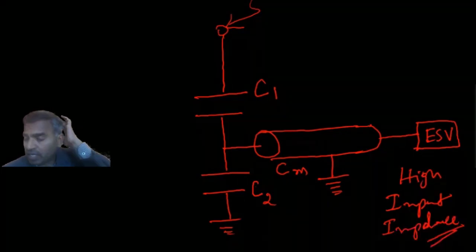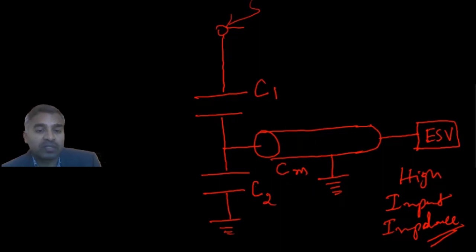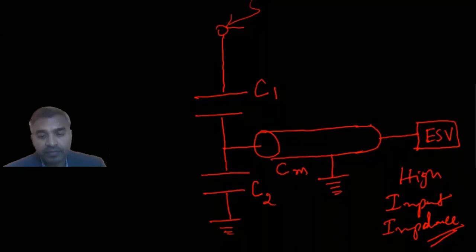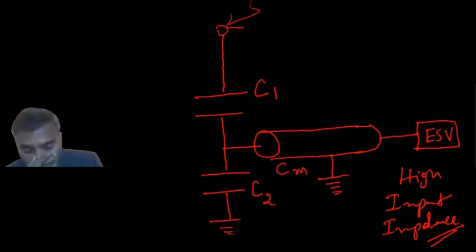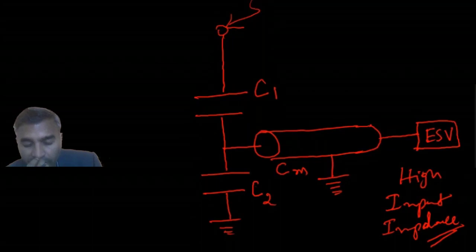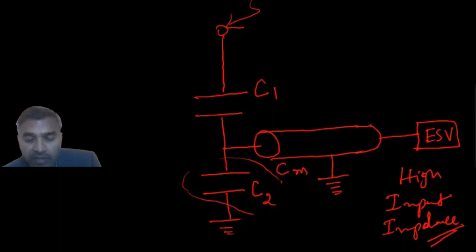Why does it have high input impedance? What is it basically, an electrostatic voltmeter? The capacitor, sir. Basically, it is a capacitor, whose gap etc. will be higher than C2 here. That's why it has less capacitance.